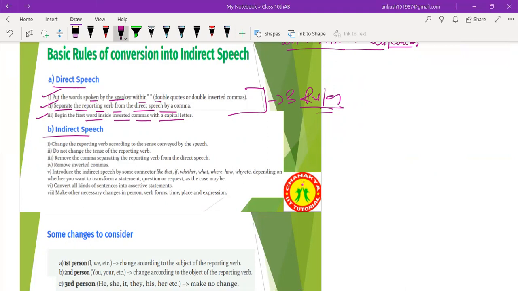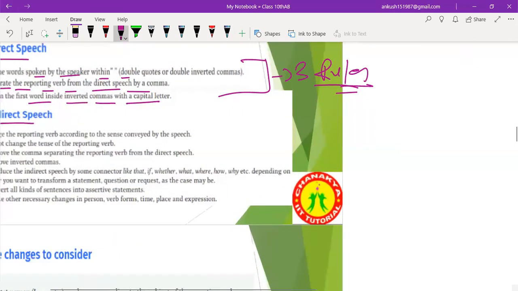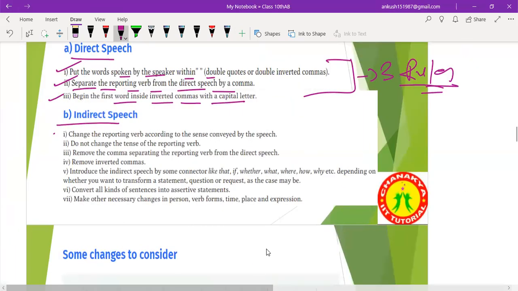First thing, you have to be very careful while transforming it. Change the reporting verb according to the sense conveyed by the speech. Change the reporting verb, which is written outside the inverted commas.